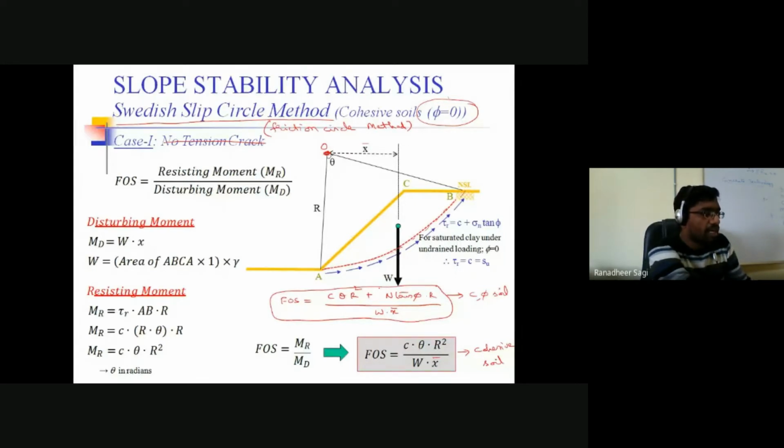Based on it, we'll understand how to find the critical height of a finite slope, or how to determine the unknown parameters of that slope: whether it is safe or unsafe, and if it is safe, how much the factor of safety could be, for given soil properties c and phi.